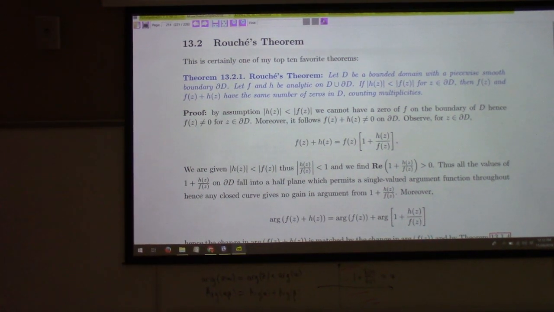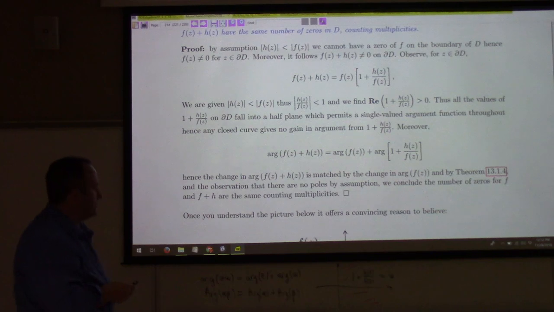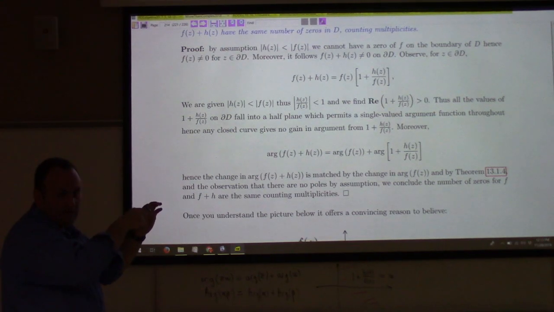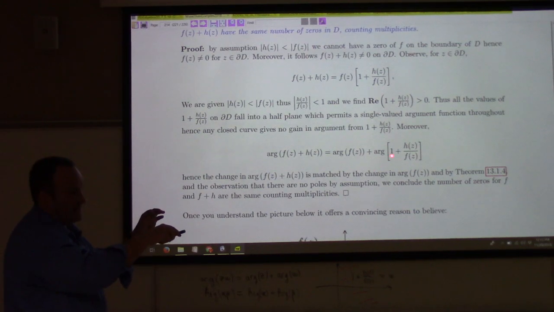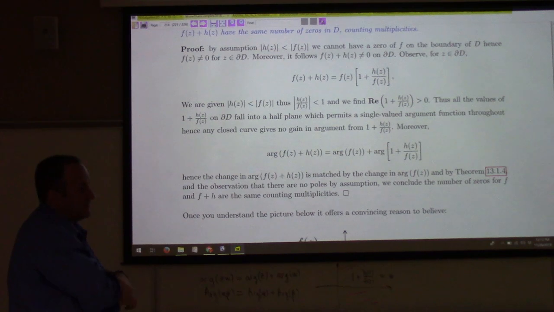How can I say this? Well, whether or not I can say it, the sentences which follow, I think, are quite reasonable. So the change in the argument of this sum is just matched by the change in the argument of that piece, because this piece, if you go all the way around the boundary of D, you come back where you started, and a single argument, the principal argument, will give you the angle for that all the way around, so it just integrates to 0 when you come back to where you started on the boundary of D. And you just get this, right?